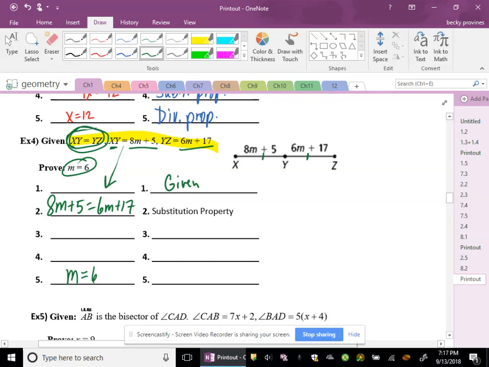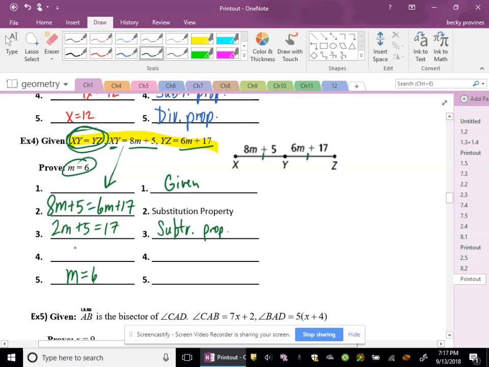Okay, cool. So now it's all just algebra, which you're good at. So I'm going to move the 6 over by subtraction. When I do that, it becomes 2m plus 5 equals 17. What property was that? Hopefully you're saying subtraction and not sub. Okay. Then I have to move the 5 somehow.